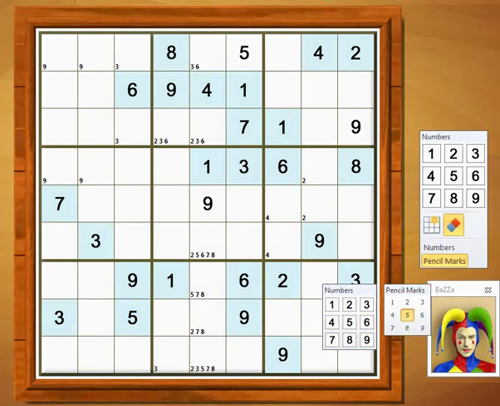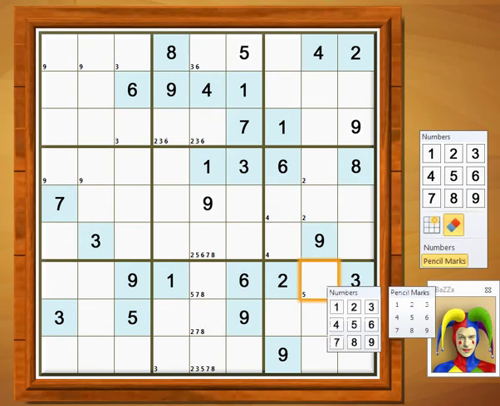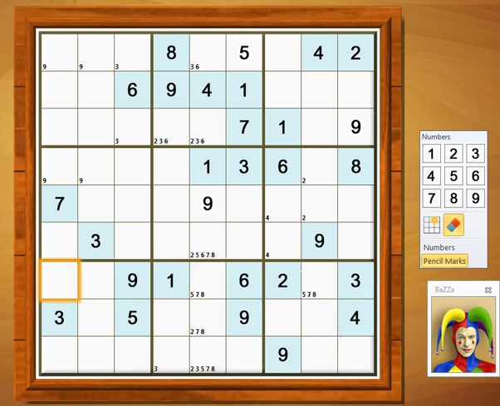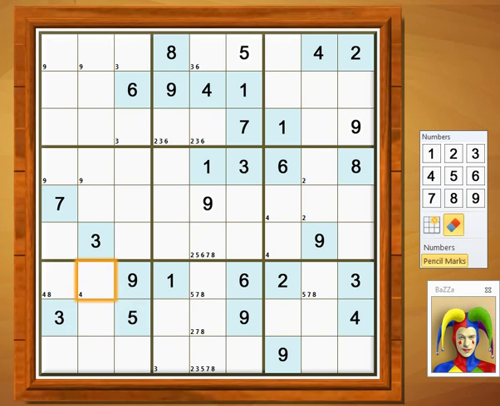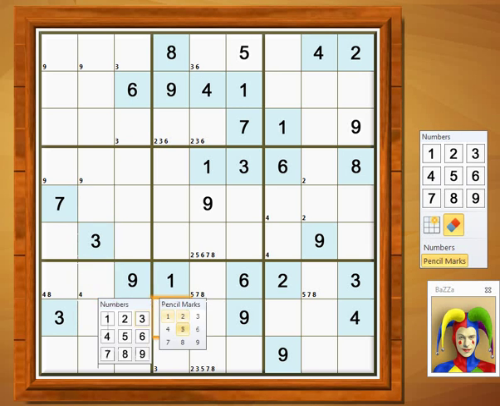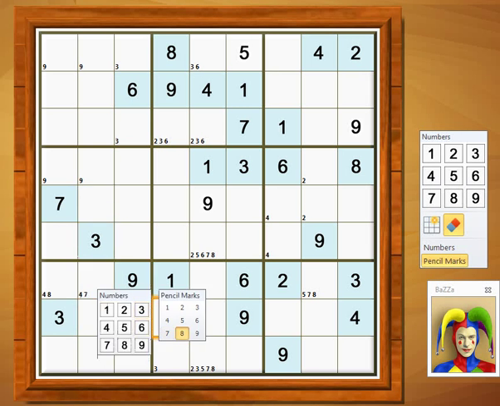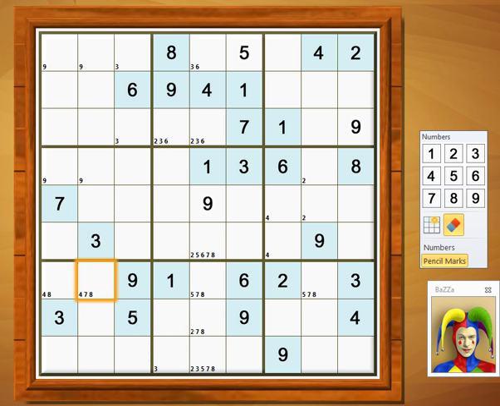So the numbers were 4, 5, 7, 8. So we've got 5, 7, 8, 5, 7, 8, 4, 7, 8, and 4, 8. So unfortunately, none of those numbers will cancel out.